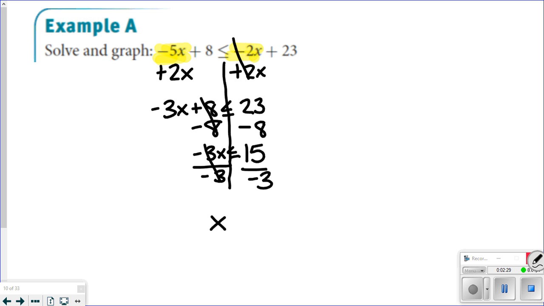So remember, we need to switch or flip or reverse my inequality symbol. So it has to go the other direction now. Keep the or equal to line underneath. I have one negative, so I need to keep it. And 15 divided by 3, we get 5. So here is my final answer. X is greater than or equal to negative 5.